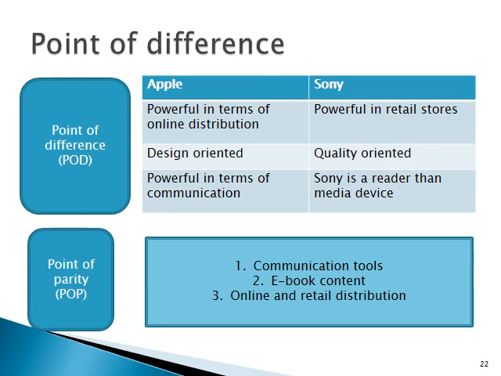It's a big communication tool. When you have an Apple phone, you can connect with anyone in any part of the world. But Sony is not a communication tool. Sony is a reader rather than a media device. It is a kind of tool that helps you read something.